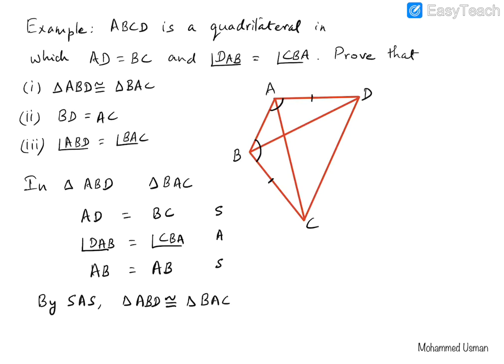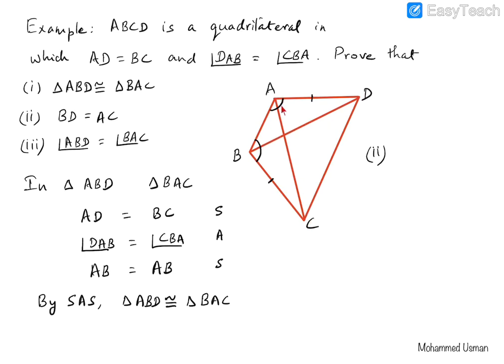So these two are congruent triangles, and once we have shown the congruent triangles, we can then proceed to the second question, which is we have to prove that BD is equal to AC.